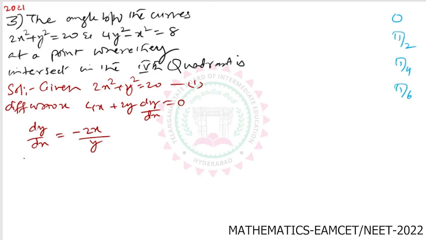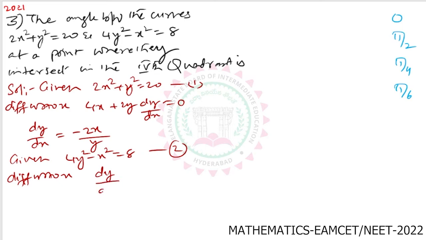Similarly, second curve given another curve. What is another curve? 4y square minus x square is equal to 8. I am naming this as second curve. Differentiating with respect to x, I am getting that dy by dx is equal to x by 4y.